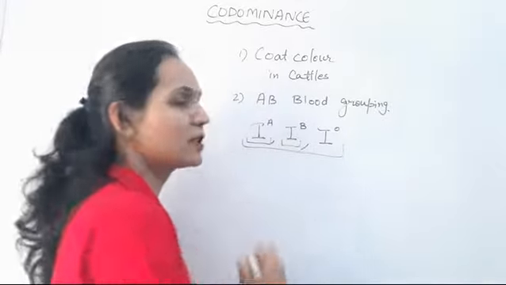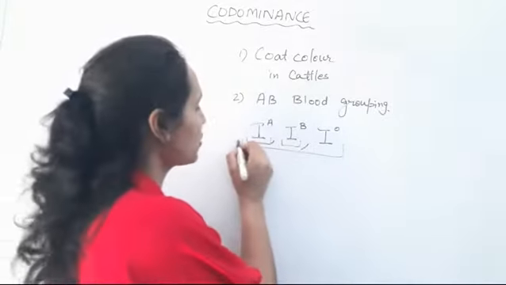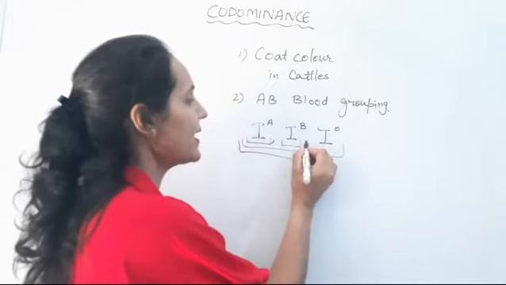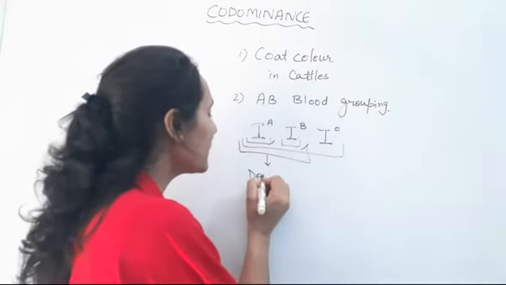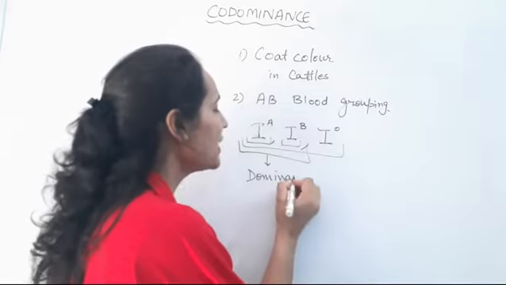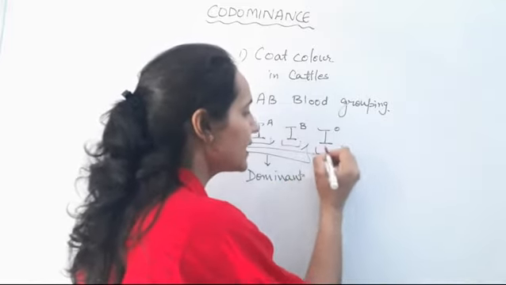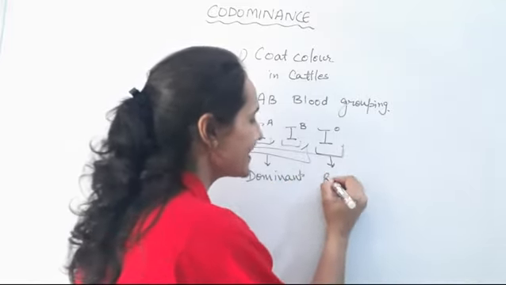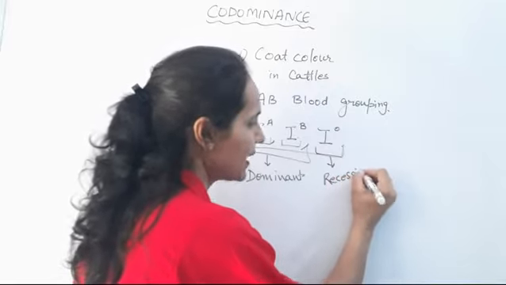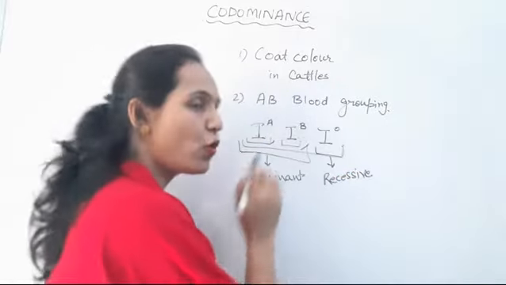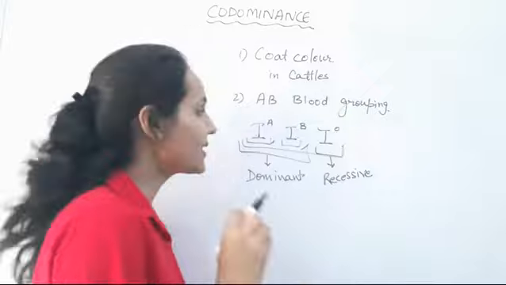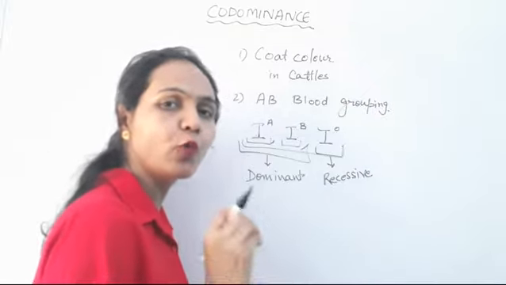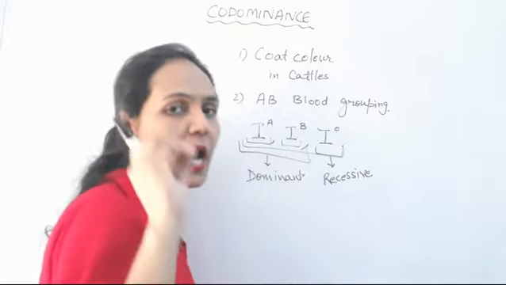Similarly, IB is also a dominant character. So both IA and IB are dominant genes of the blood group, and IO is the recessive trait of the blood group. They characterize or synthesize certain proteins on the membrane of the RBC.